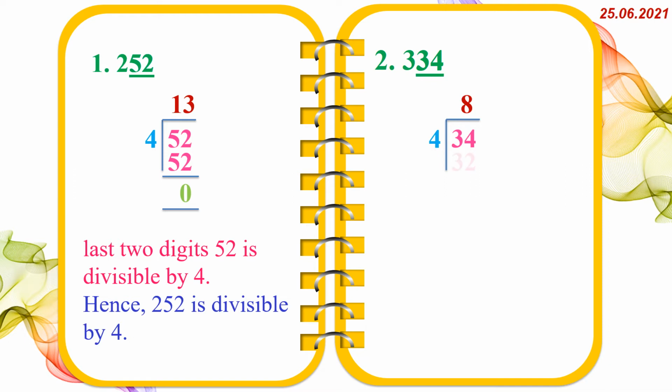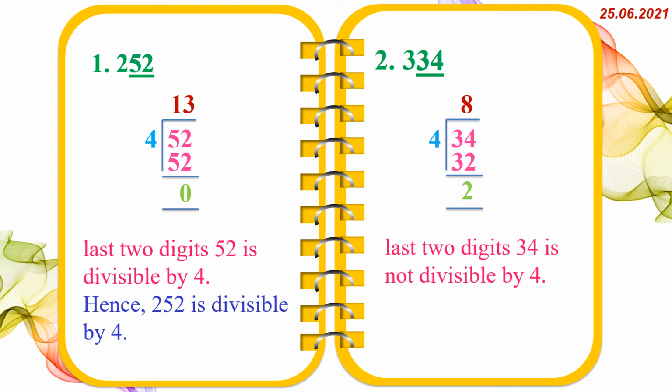Here, 8 fours are 32. 34 minus 32 is 2. That is, the remainder is 2. Therefore, the last two digits 34 are not divisible by 4. Hence, 334 is not divisible by 4.